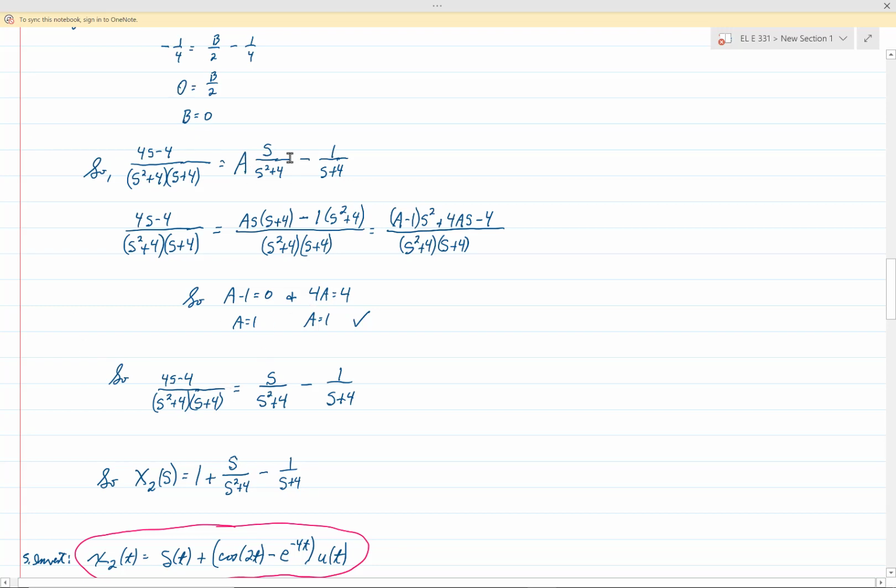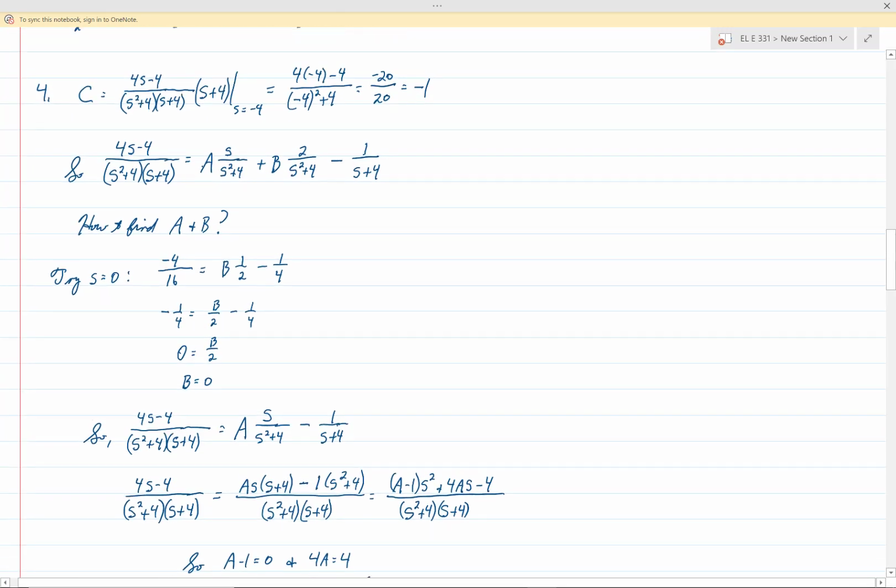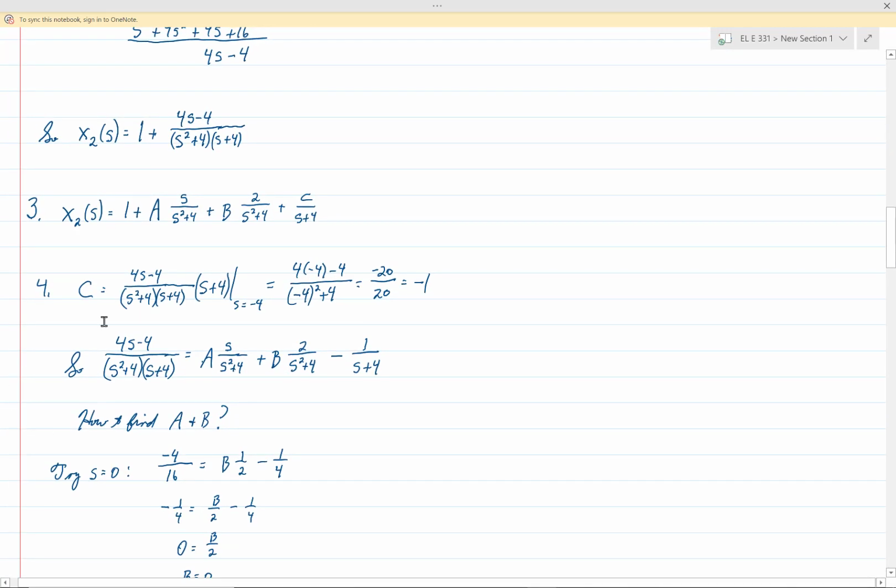So we can plug that in right here, and we have (4s minus 4) over (s squared plus 4)(s plus 4) is equal to 1 times s over s squared plus 4 minus 1 over s plus 4. Now we finally remember, coming back up here to X2 of s, that X2 of s is equal to 1 plus that fraction that we just analyzed.